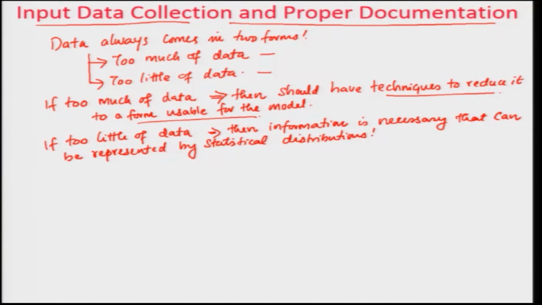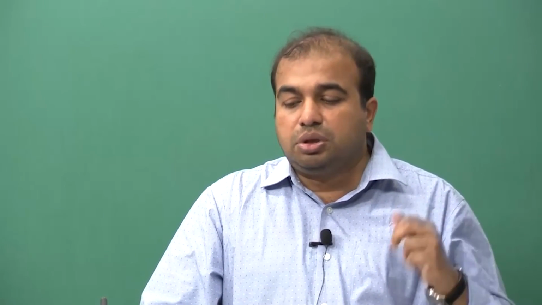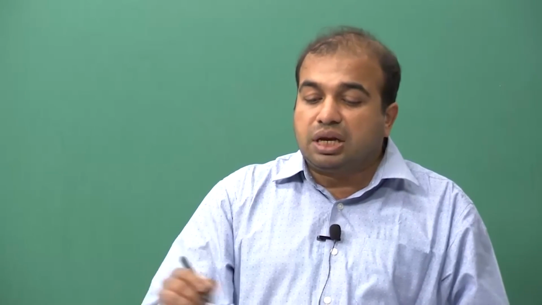So, if you have too little data, you are trying to create information that can be represented by statistical distributions. If you have 10 values, not sufficient, but almost all 10 values look very similar to each other, then you can say, okay fine, all values are the same or similar and equally likely. So, then I can use a uniform distribution because you have too little data. That kind of understanding you should be able to have.